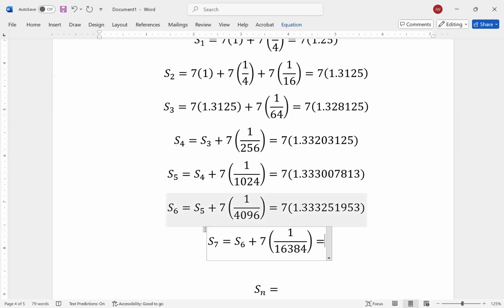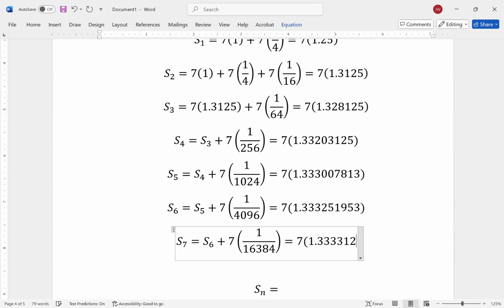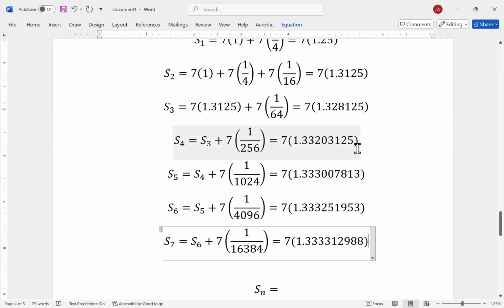And then when I take the 6th term, add 1 over 16,384 to the number inside the parentheses. That means my 7th term is going to be 7 times 1.333312988. Again, these are all rounded to 9 decimal places.